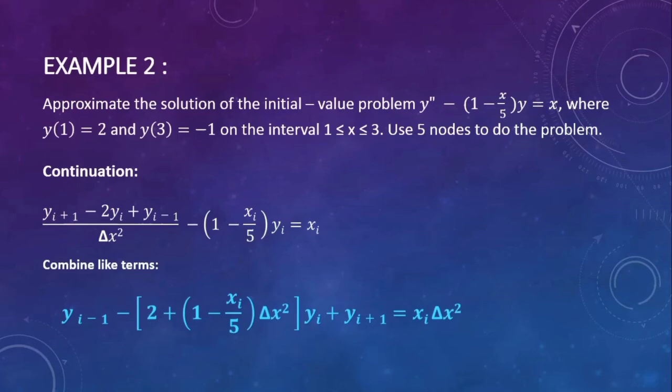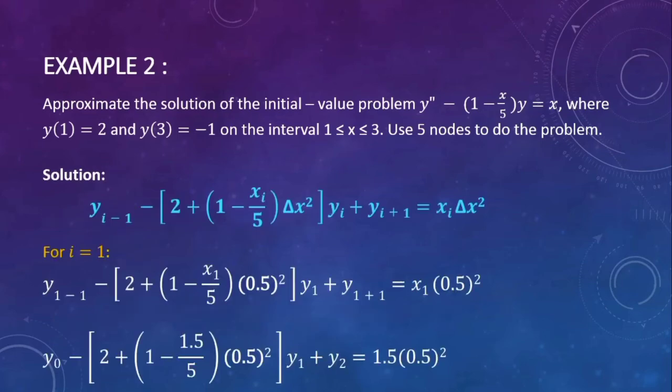So we have y sub I minus 1 minus 2 plus 1 minus x sub I over 5 times delta x squared times y sub I plus y sub I plus 1 is equals to x sub I times delta x squared. For I is equals to 1, we substitute all I into 1.